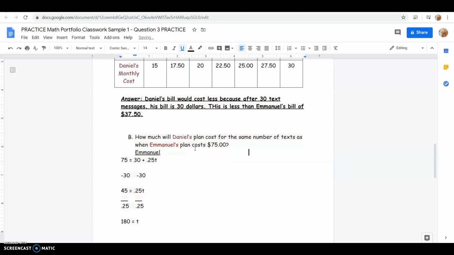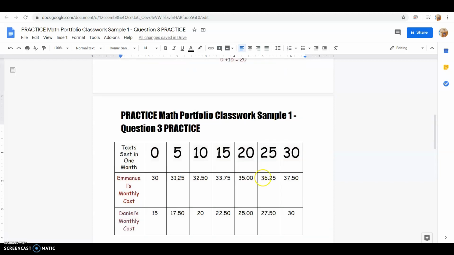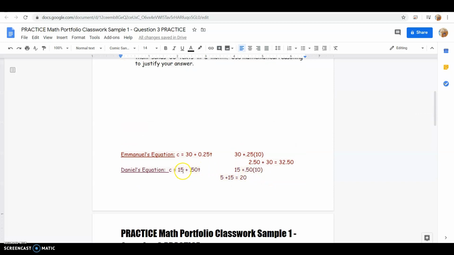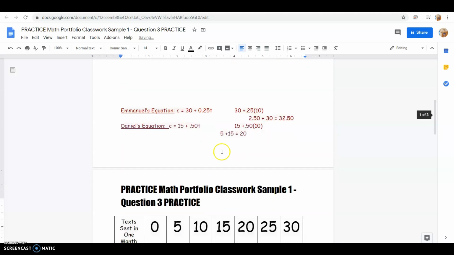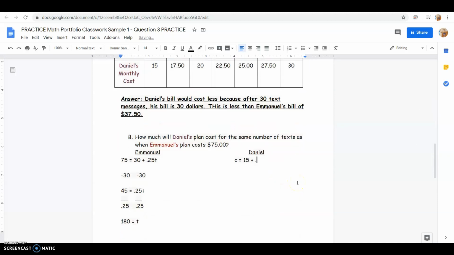So Daniel has a different equation, and we need to figure out Daniel's plan cost. So we know we're not going to have C given to us, but we do have some information. We have how much Daniel pays every month up front, which is $15. Add that to the equation, plus 50 cents or 0.50 times the number of text messages.